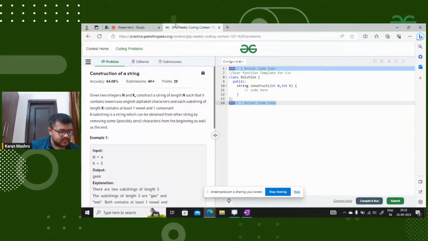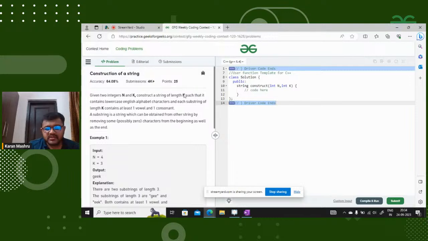Hello, hi Abhijit. Okay, so let us first start with question number one, that is construction of a string. So, what does this question say? It says that given two integers n and k, construct a string of length n such that it contains lowercase English alphabet characters, and each substring of length k contains at least one vowel and one consonant.